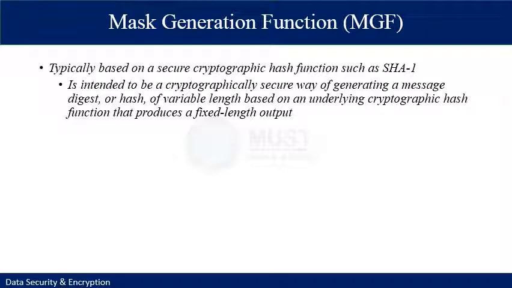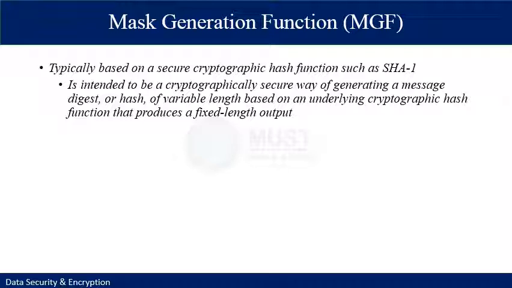Typically, MGFs are based on a secure cryptographic hash function such as SHA-1, and it is intended to be a cryptographically secure way of generating a message digest or a hash of variable length based on an underlying cryptographic hash function that produces a fixed length output.